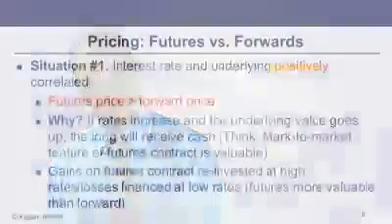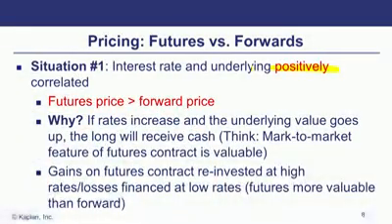So let's first start under the assumption of positive correlation between rates and underlying assets. So what's going to happen here? If we've got positive correlation and interest rates increase, this will cause the spot price to increase as well, right? Positive correlation.